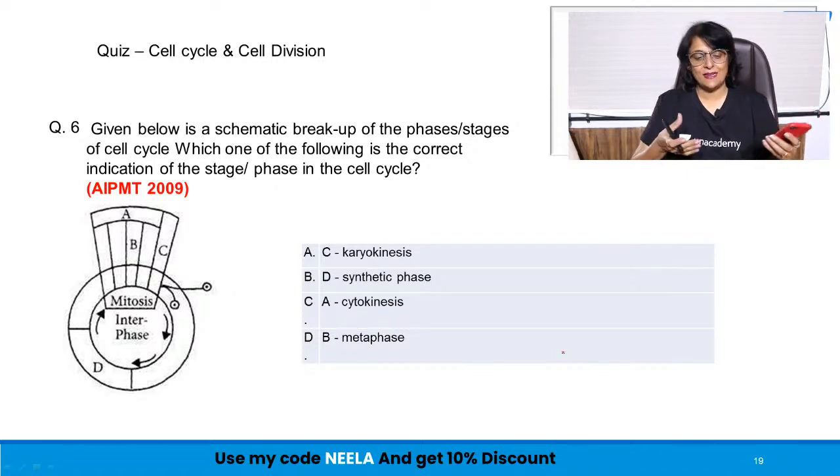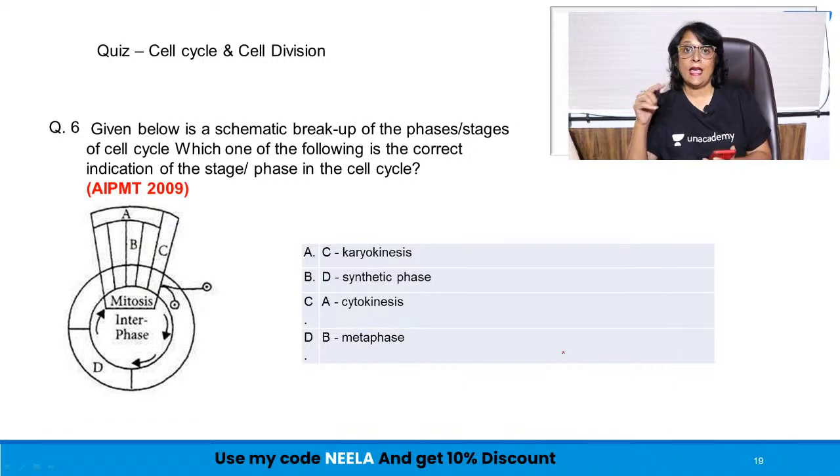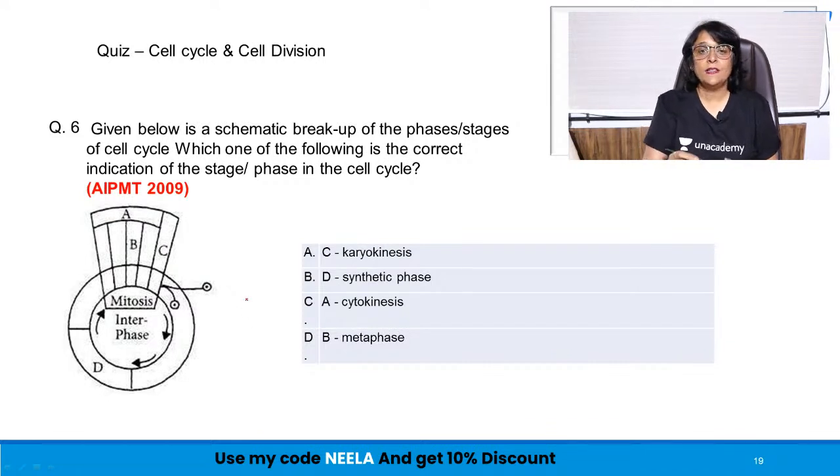Again, there is a schematic representation given of the cell cycle, and A, B, C and D alphabets are written there. We have to see whether in the option the correct match is given or not. What we'll do is write down in the schematic diagram itself what is A, B, C and D, and then match with the option.